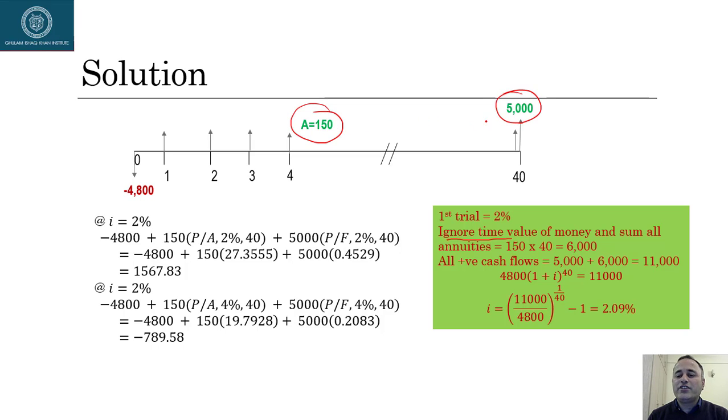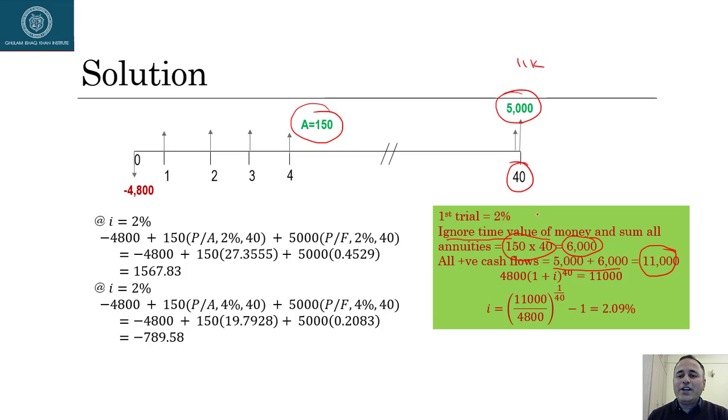So bring all positive cash flows together. So 150 multiplied by 40 is $6,000, and if I add it with $5,000, it's like $11,000 at the end of the 40th period, at the end of 20 years.